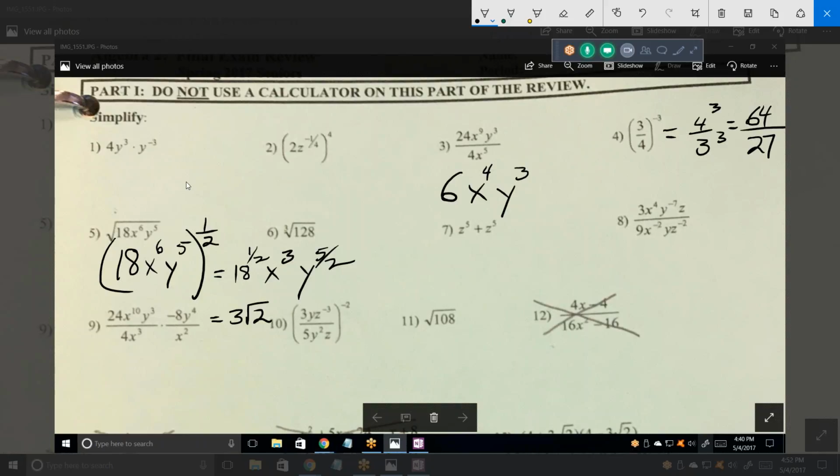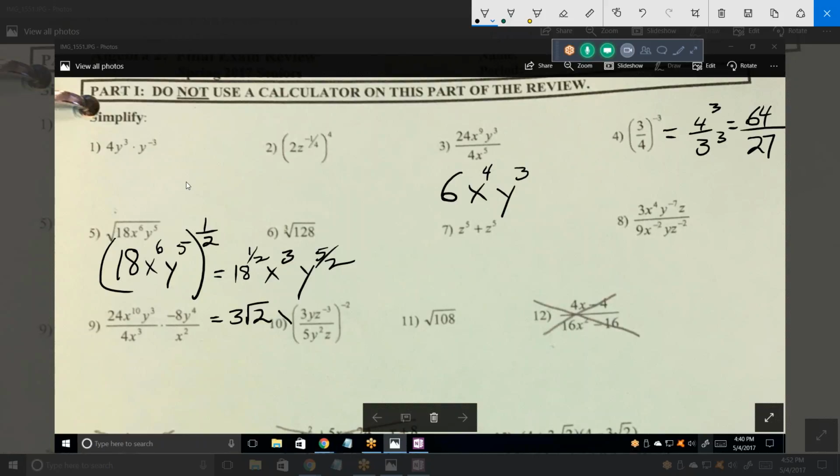Okay? So I don't give the answer as 18 to the 1/2. I don't give it as the square root of 18 because that could be simplified. But 3 root 2 is the perfect, exact, non-calculator answer for the square root of 18.